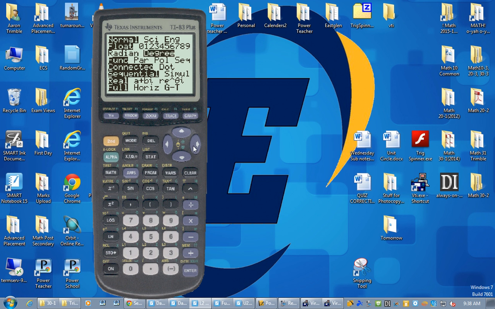When you walk into the diploma, you have to clear memory before you walk in, right? I'm training you for that diploma, every little thing, right? If you're walking to the diploma going, how do you clear memory? I don't know how to clear memory. I mean, that'd be weird because you're going to clear it all through grade 10, all through grade 11, and all through grade 12. I'm hoping by the time you get to the diploma, you know how to clear memory. So clear memory, then you've got to hit mode and get to degrees.